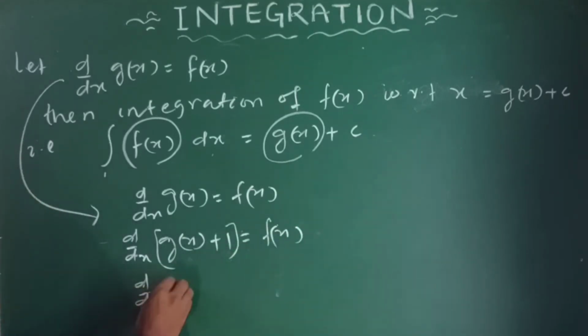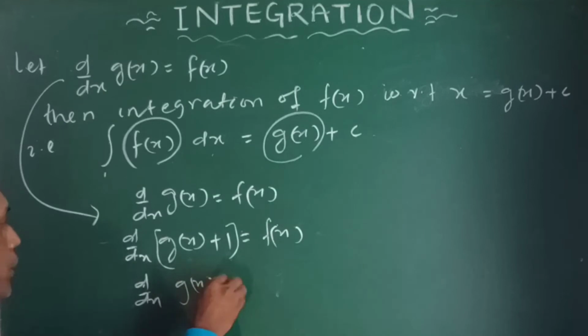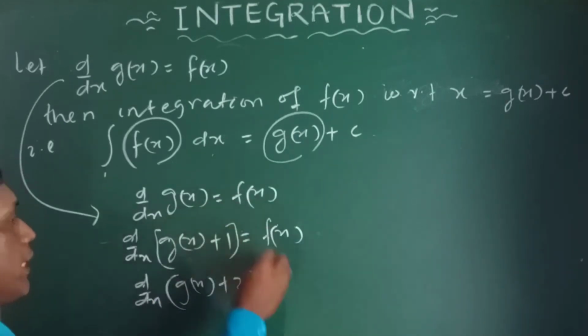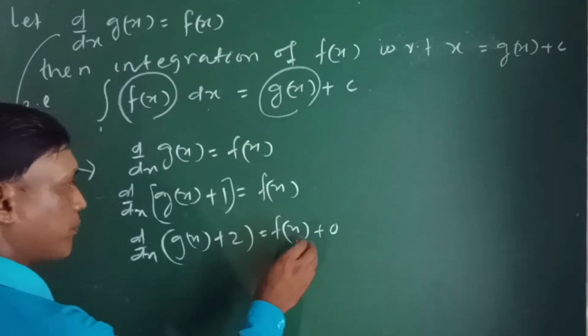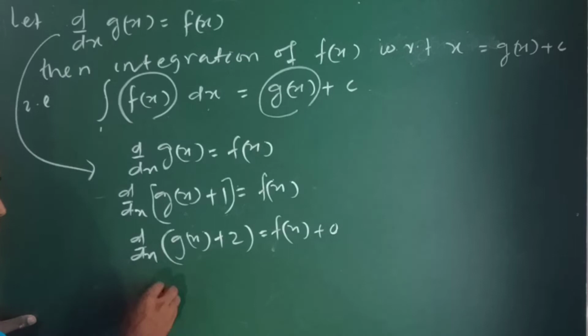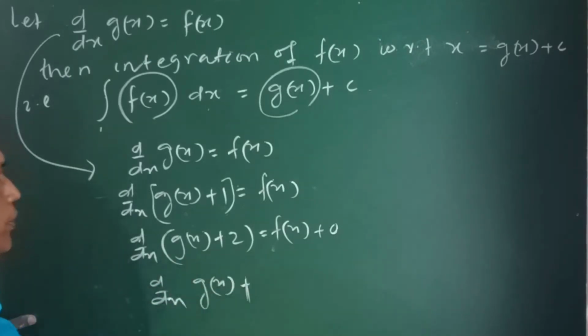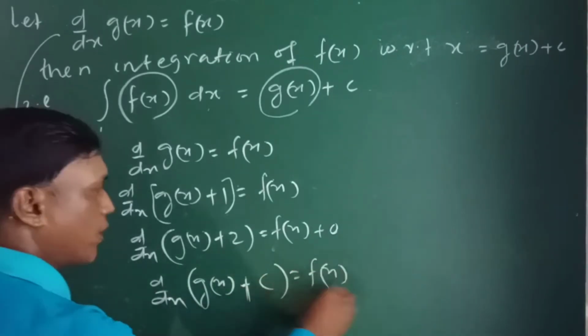Similarly, if we take the derivative of g of x plus 2, then derivative of g of x is f of x plus derivative of 2, which is 0. Similarly, if we take the derivative of g of x plus any constant c, then this is also f of x.